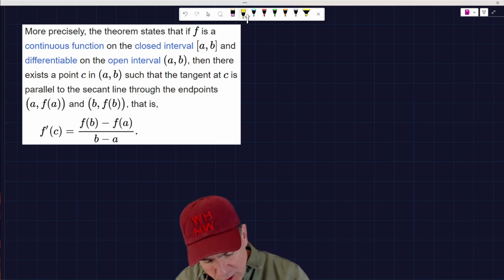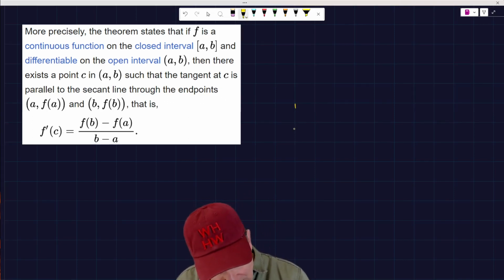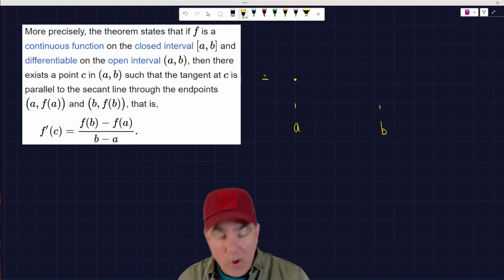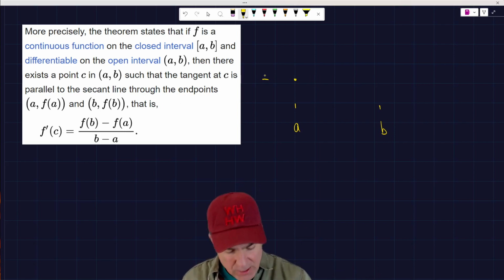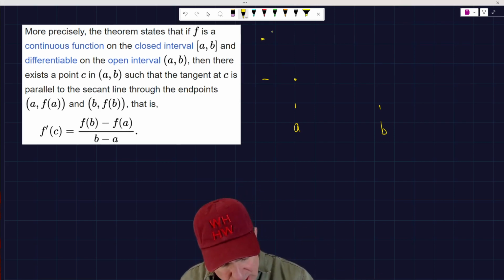So let's draw this picture. Pictures generally help. I have some point A and some point B, and I have a function now that is not required to start and stop at the same value. And what I'm going to do is just have it start and stop there, and I have some function that goes like this.